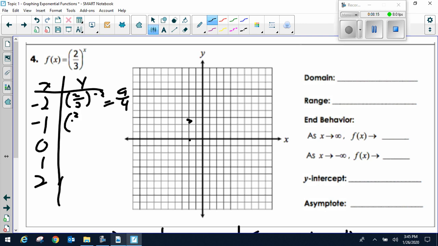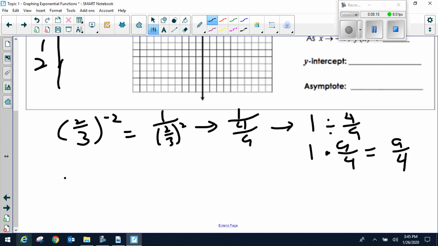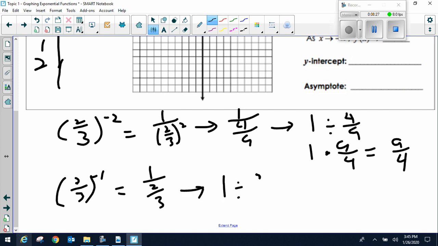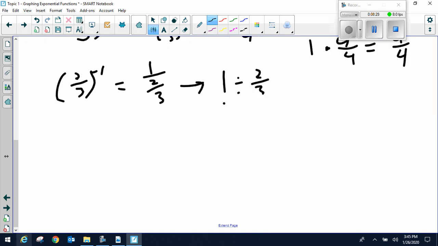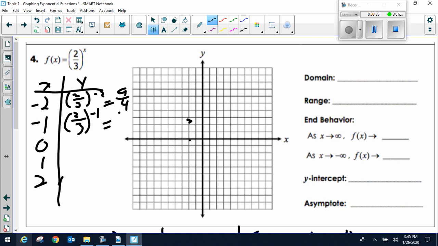Same thing for 2/3 to the -1. If I do 2/3 to the -1, it's the same as 1 over 2/3, which is 1 divided by 2 over 3. Again, keep, change, flip. 1 times 3 over 2. So you get 3 over 2, or 1.5.